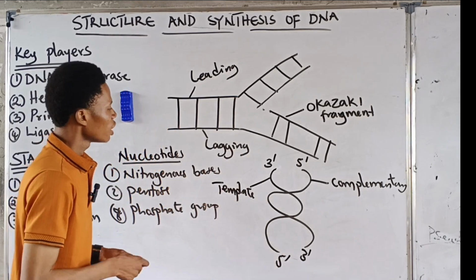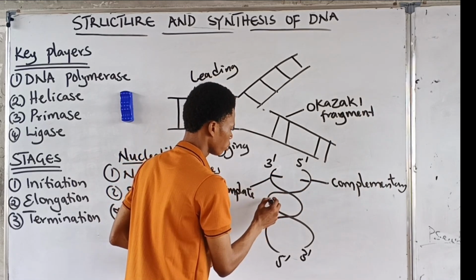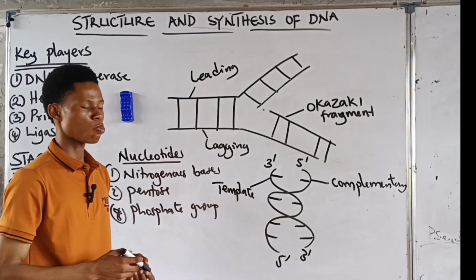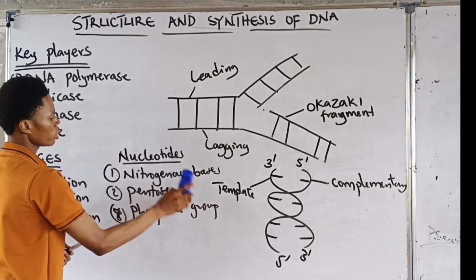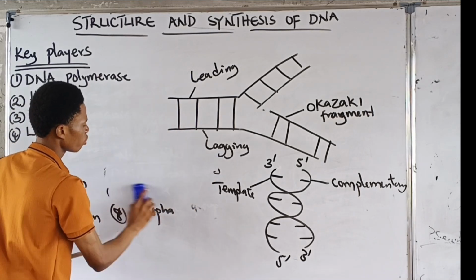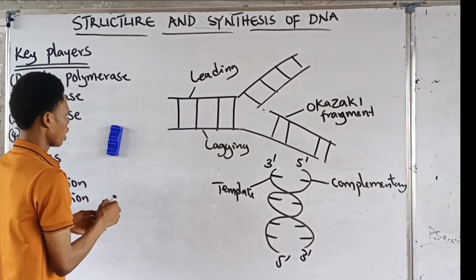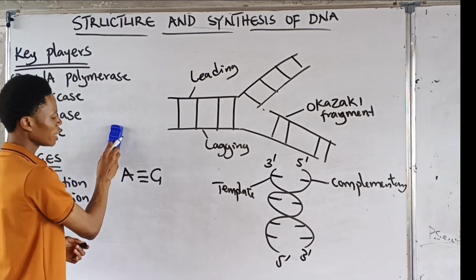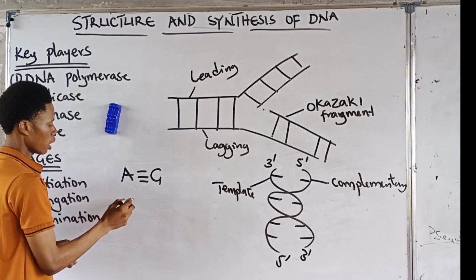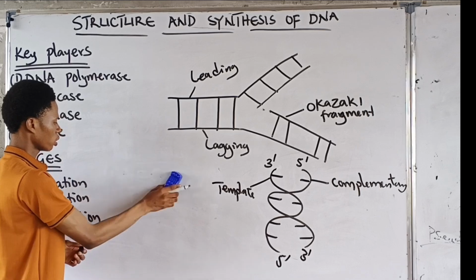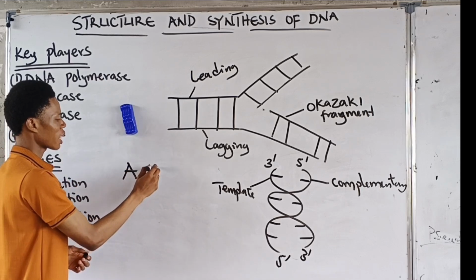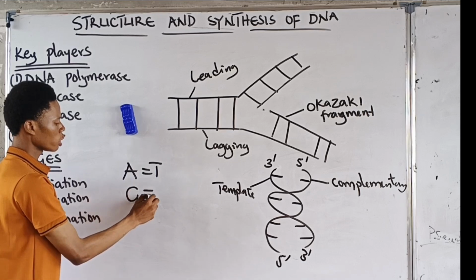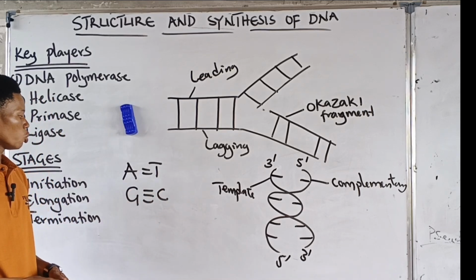All right, now inside we have bases here, and there's what we call base pairing. In base pairing, adenine will always pair with thymine with 2 hydrogen bonds, and guanine will always pair with cytosine with 3 hydrogen bonds.